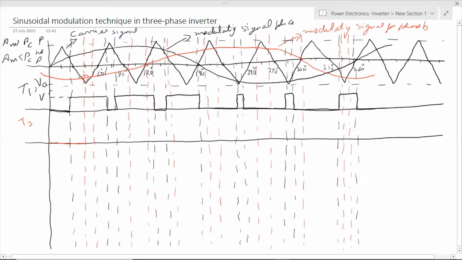Its amplitude is lower than the carrier signal, so it will be zero till here. Then it will be B, again zero, and then again a bigger B, again zero, then a bigger B, a bigger pulse, zero. So you can just repeat the process.